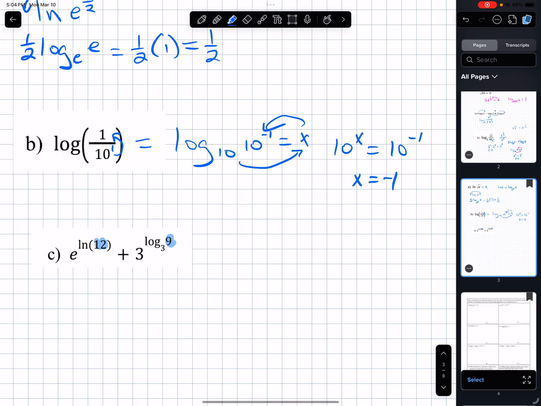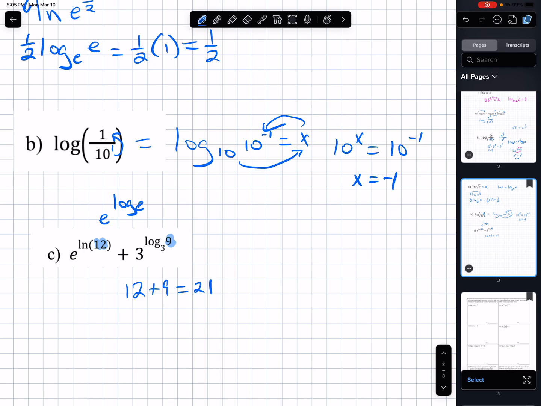So that's 12 plus 9, 21. That's literally it. Because if you rewrite this one, log base e of e would equal 1, and this one would equal 1 too, because it's 3 to the log base 3 of 9. So that's why.